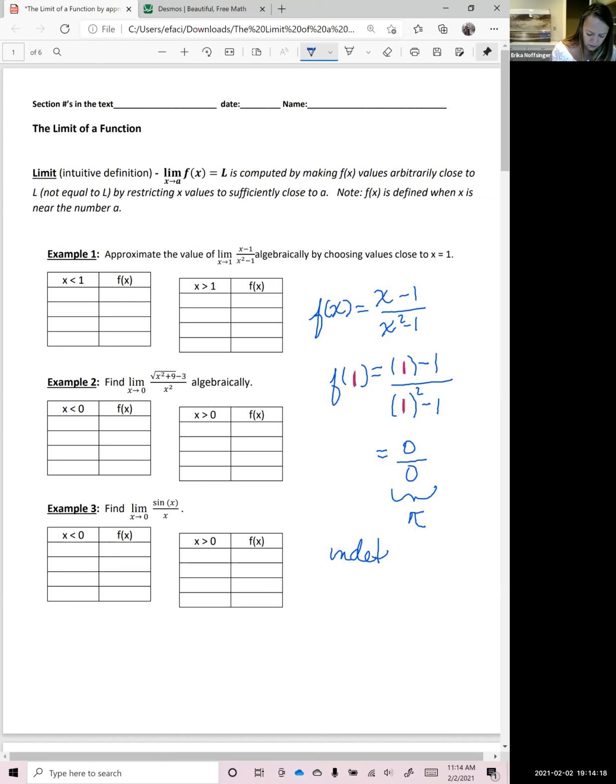And if we get something in this form, we have to go back and try to solve this differently. We'll look at tools soon on how we can manipulate these different rational functions to get it out of the form of 0 over 0. Or we can do what we're going to do right now by looking at values getting really, really close to that limit as x is approaching 1, but not exactly at 1.